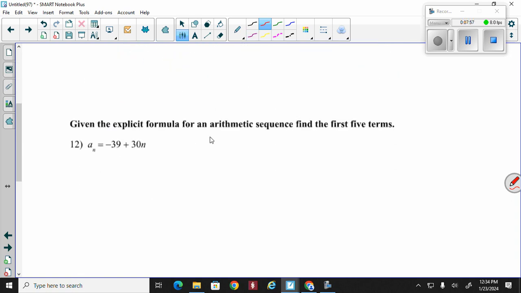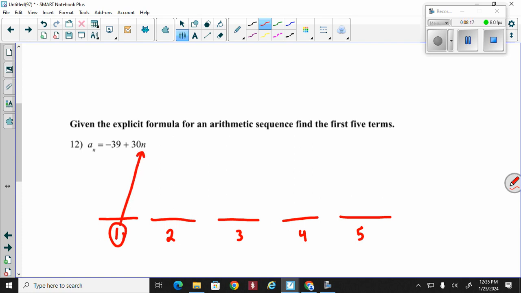All right, now given the explicit formula, find the first 5 terms. So again, 1, 2, 3, 4, 5. Now, a lot of folks blew up on the last quiz because of this, but don't overthink it, guys. This is the first term, this is the second term, this is the third, fourth, and this is the fifth term. Remember, you have to take each of these numbers and plug it into n to figure out what the actual number is. All right, so to find the first term, off to the side, negative 39 plus 30 times 1.